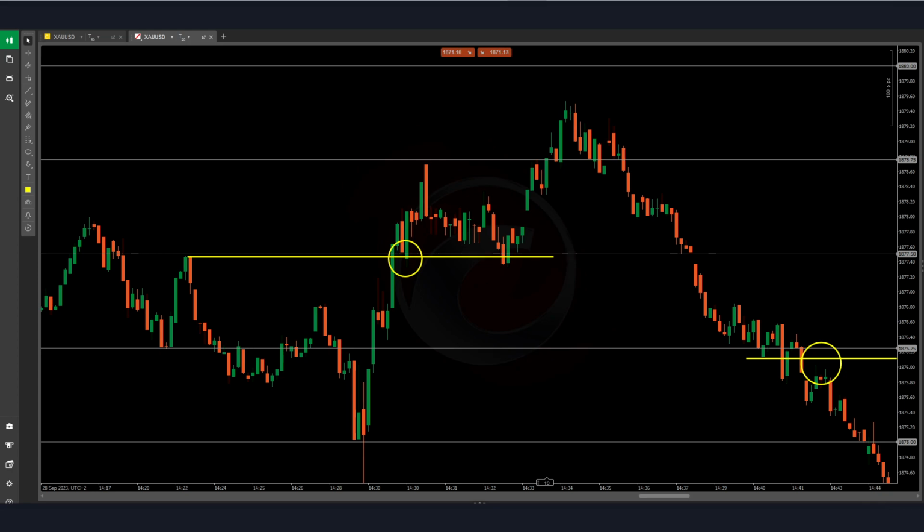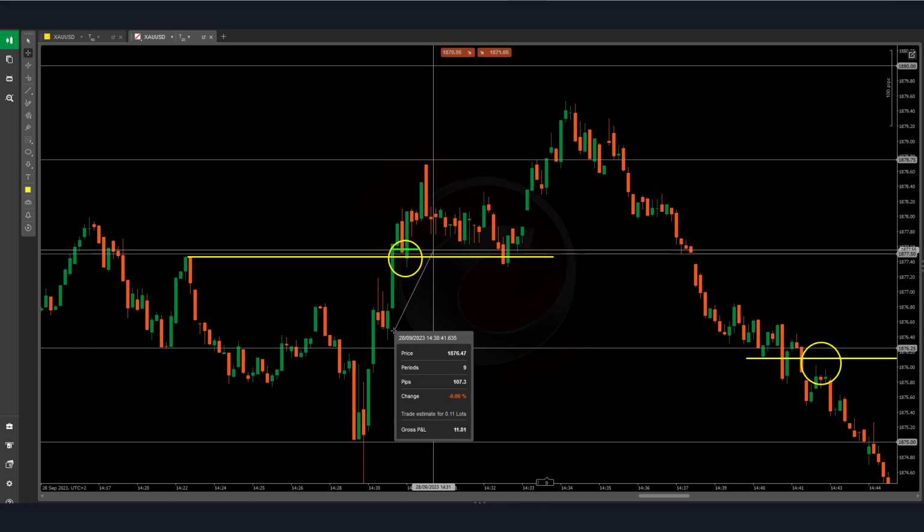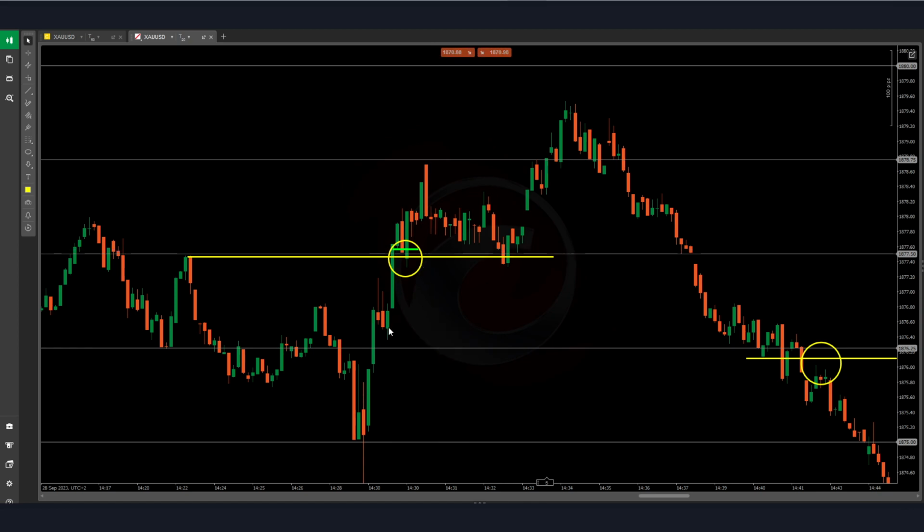So this is my entry over here, and I will have a fixed stop loss. A fixed stop loss would be at first around 10 pips. So 10 pips from here, let's say it is below this candle, at these candle bodies. So this is the stop loss, and it is a 10 pip stop loss.